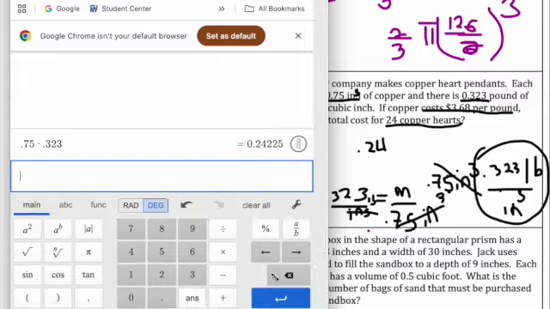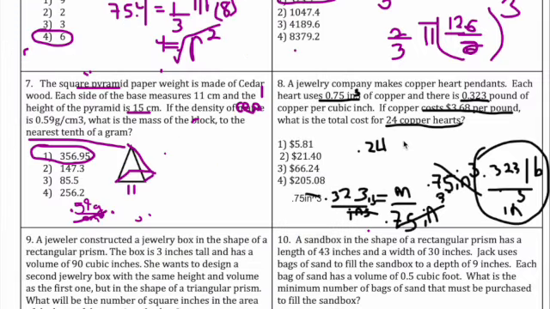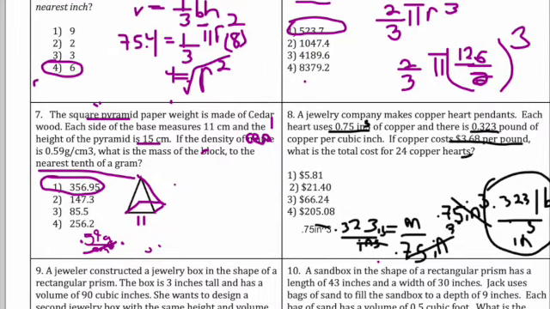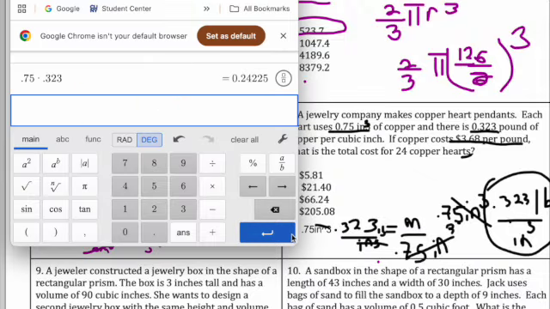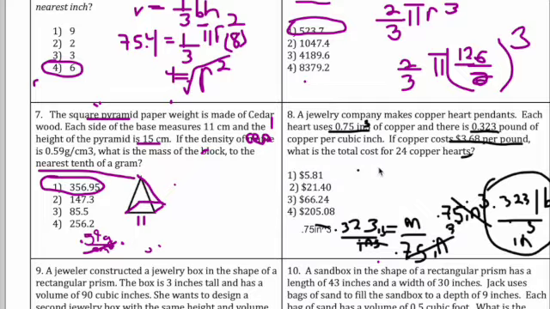So now that we have the mass for each one, I'm going to make myself some space here. Each one is 0.24225 pounds.